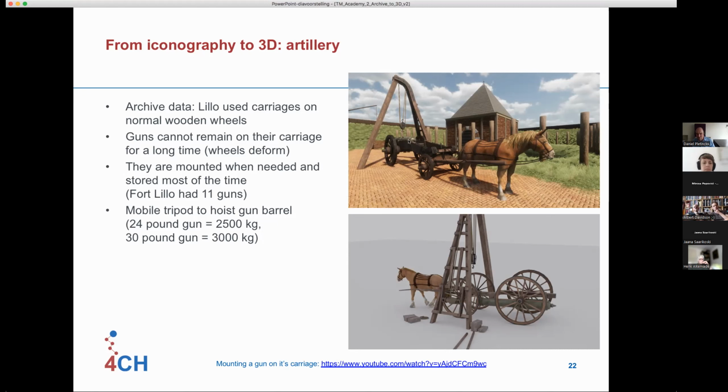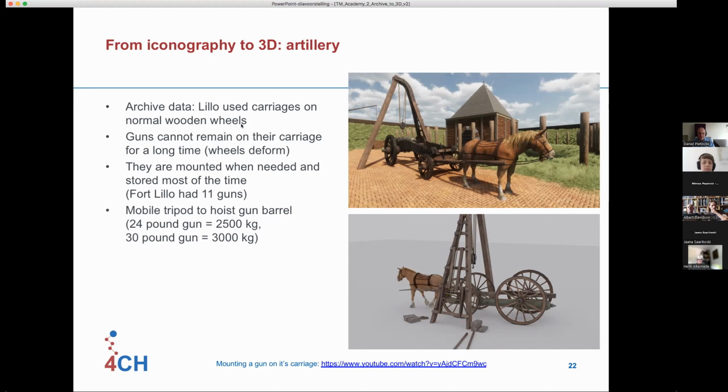These wheels do not take that. They can carry it, but the pressure on these wheels deforms them. So they didn't keep them on it. And when they needed it, when there was tension, when there was an attack or whatever, they were quickly mounted on their carriages and then put in position and used.